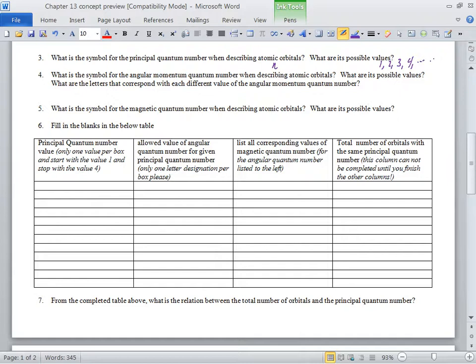Alyssa, what is the symbol for the angular momentum quantum number when describing atomic orbitals? Principal was n, angular momentum quantum number. We kind of had this last chapter, in fact. It was that little l. What could it be, Gloriana?